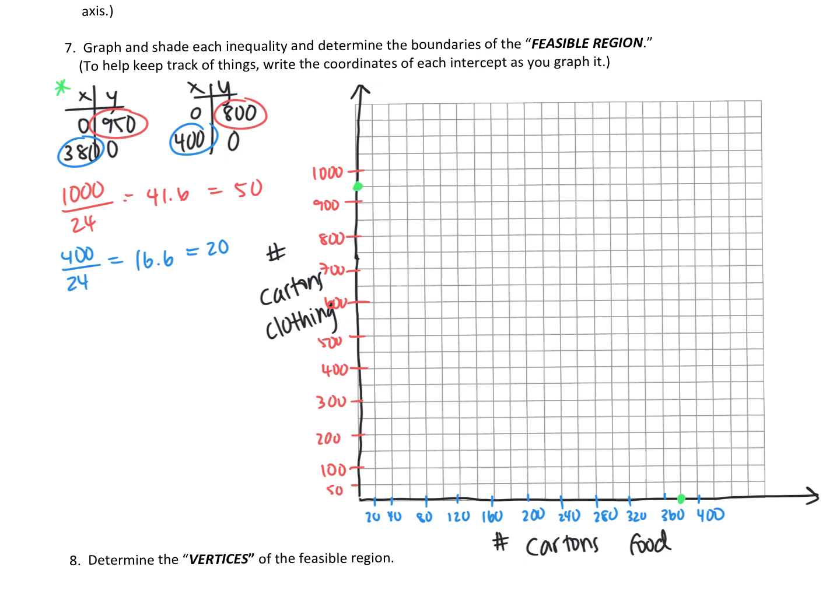You should make yours as straight as you possibly can. And then if we test 0, 0 for that first one, we get 0 plus 0 is less than or equal to 19,000, which is true.